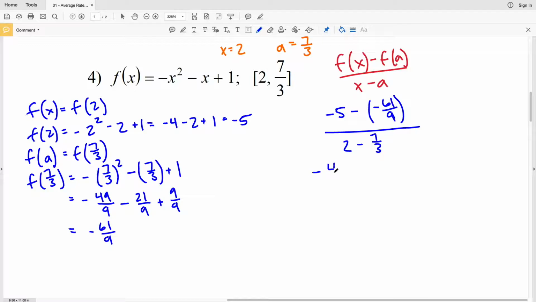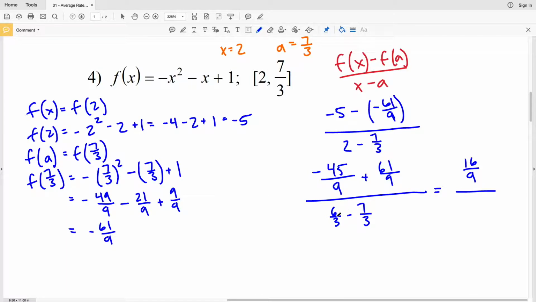So that will be negative 45 over 9 minus a negative, so adding the positive, 61 over 9, and that's all over 2 minus 7/3, which I'll write as 6/3 minus 7/3, since 6/3 is equivalent to 2.